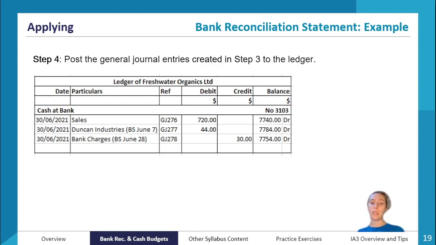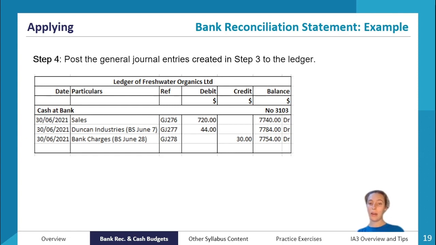So step 3 feeds directly on to step 4, and we can see here why having that extract from the ledger of Freshwater Organics from the previous month, the 31st of May, was important, because in order to do the ledger, we need that final cash at bank balance from the previous month, because that then carries through as our opening balance for this month, which is June.